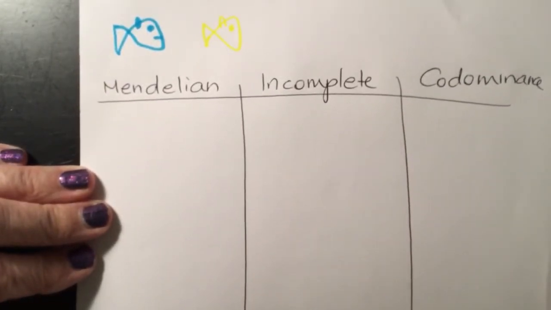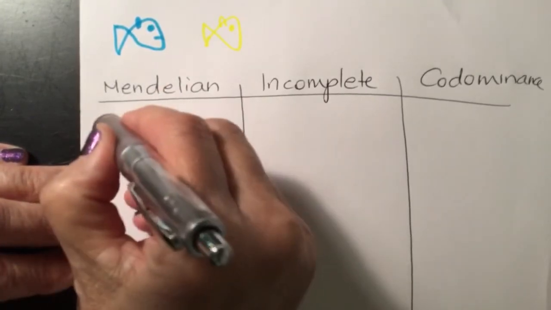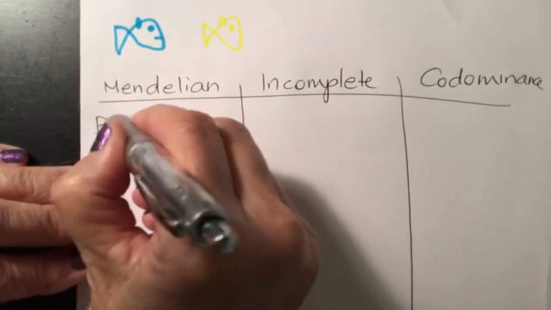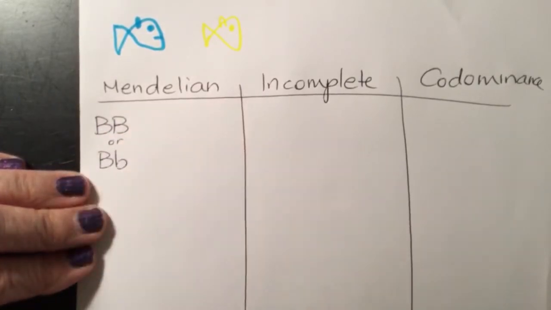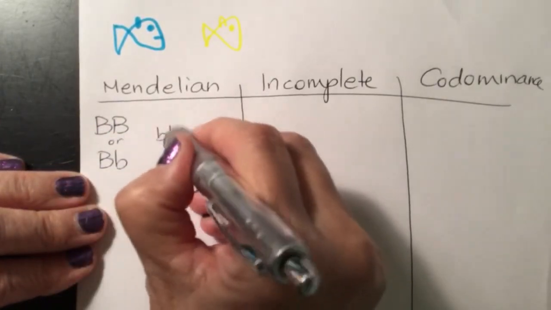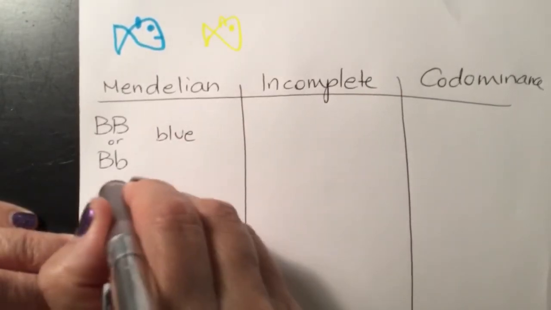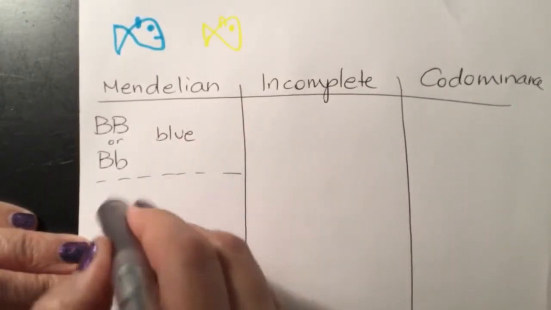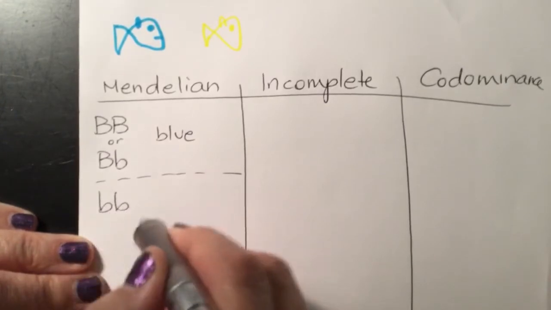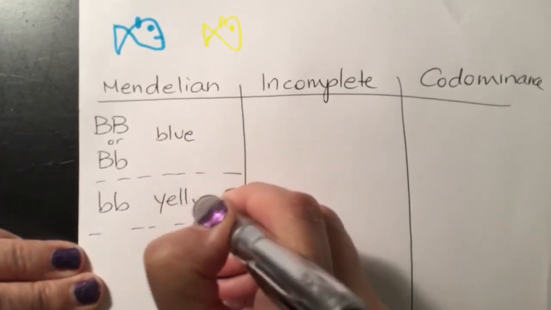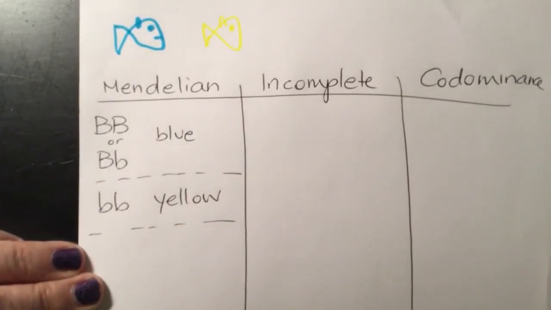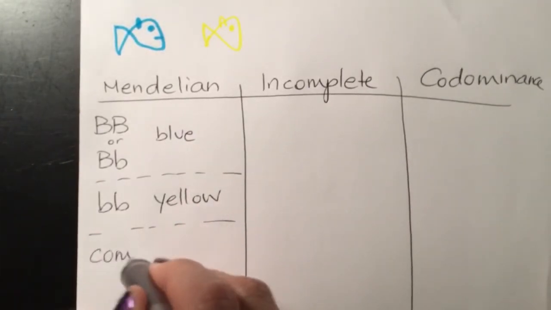All right. So in Mendelian, we would have big B, big B or big B, little b. That's going to give us a bluefish. And then we're going to have little b, that's the only way to get a yellowfish. So we have complete dominance.